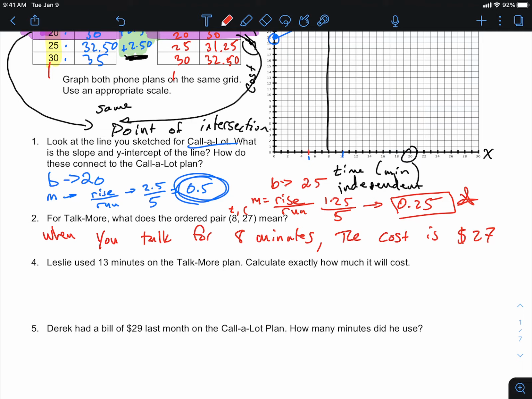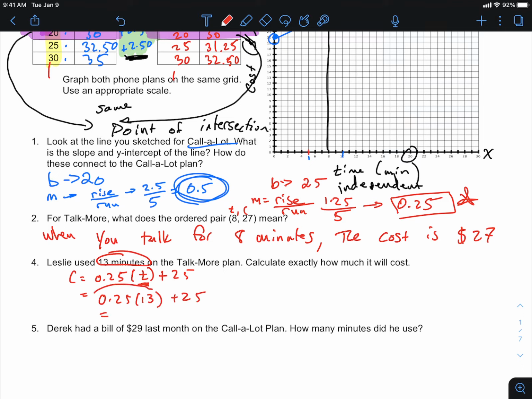So I like writing down the equation where cost is equal to 0.25 multiplied by T plus the 25. Well, it's going to cost 13 minutes. Minutes is time. Where's time? Right here. So you're going to go 0.25 multiplied by 13 plus 25.